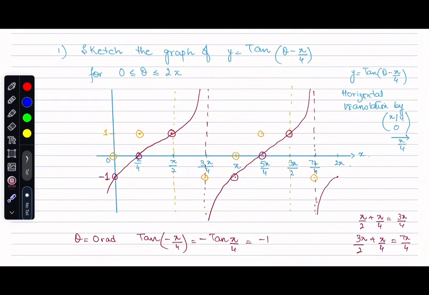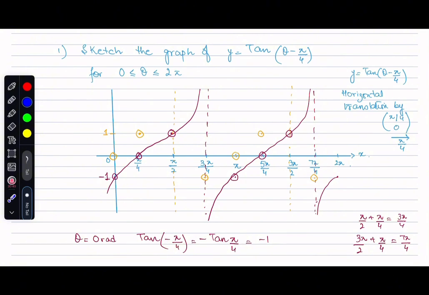Meaning here, our 0 angle should be 0 plus pi by 4, giving us pi by 4. Pi by 4 plus pi by 4 should be pi by 2. Pi by 2 plus pi by 4 should be 3 pi by 4, and then all the values here are getting translated by pi by 4. So I have located all the axis values 0, pi by 4, pi by 2, all in intervals of pi by 4.